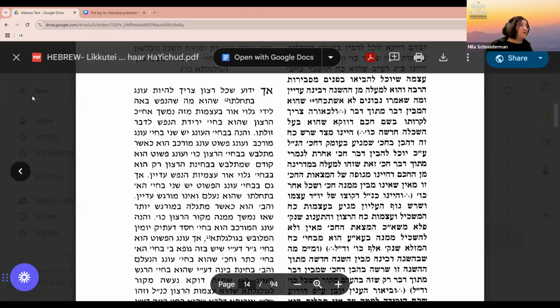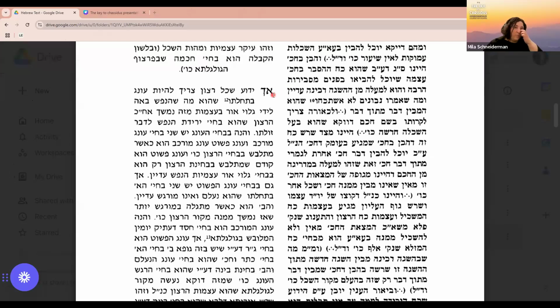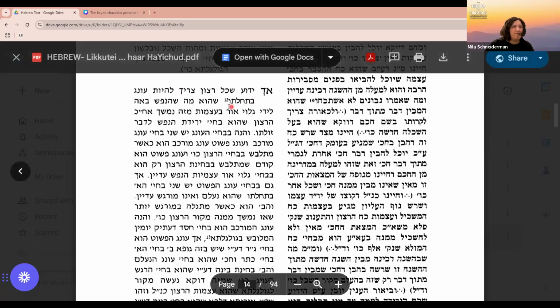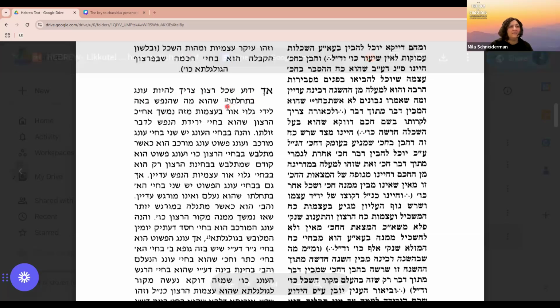And it's a relatively short paragraph, and it definitely, I would say, is the most important one, because here the Rebbe is making a very, very interesting claim. Ach yadua, it is known, shekol ratzon tzarich liheyot oneg b'techilaso, that every ratzon has oneg preceding it.